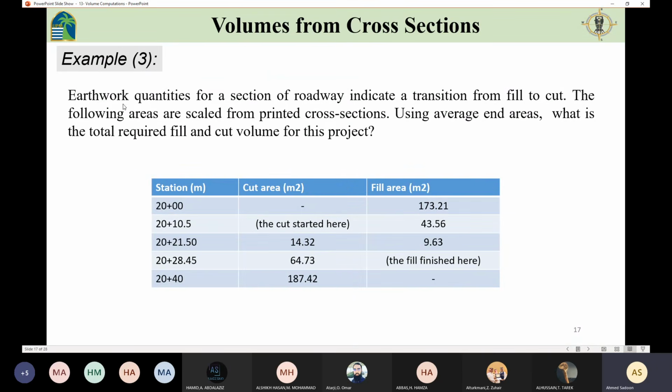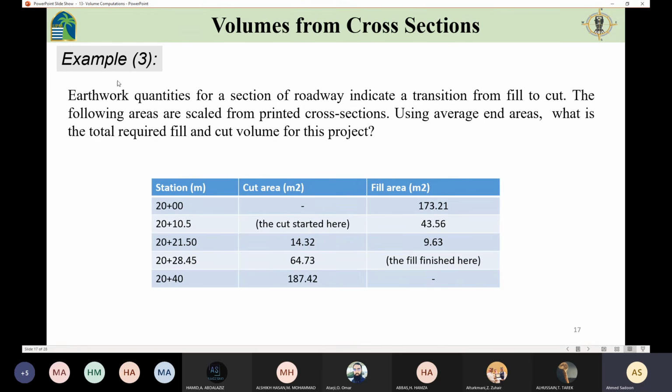So here we have earthwork quantities for a section of a roadway indicating a transition from fill to cut. We need to remember this. He said that we have a transition from fill to cut, which means that at some stations we are going to have a part which needs to be filled and a part which needs to be cut.